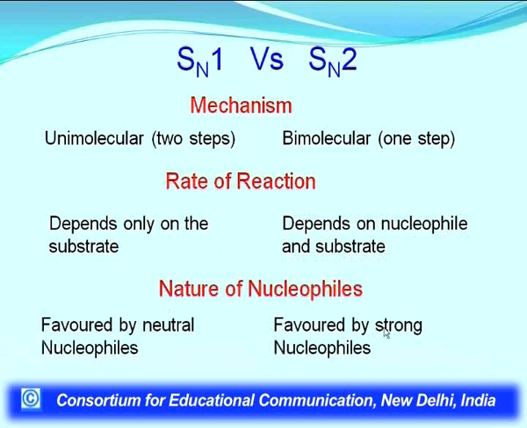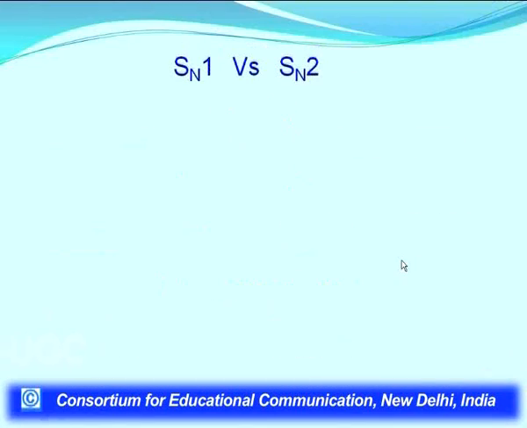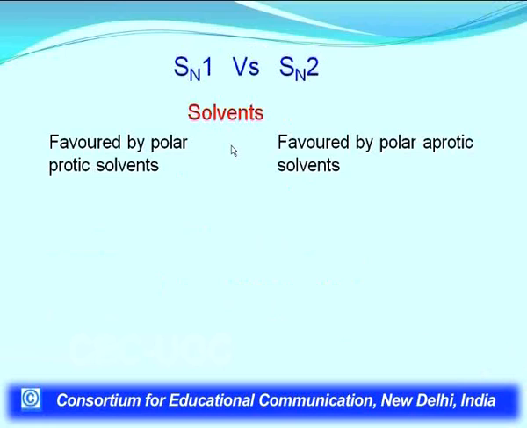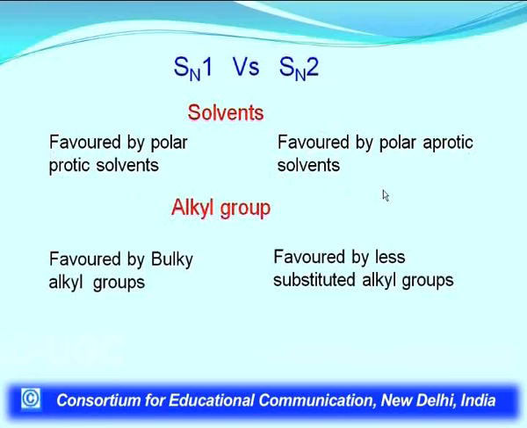The nature of the nucleophile: the SN1 mechanism is favored by neutral or weak nucleophiles, whereas SN2 is favored by strong nucleophiles. Role of solvent: the SN1 mechanism is favored by polar protic solvents, whereas SN2 is favored by polar aprotic solvents.